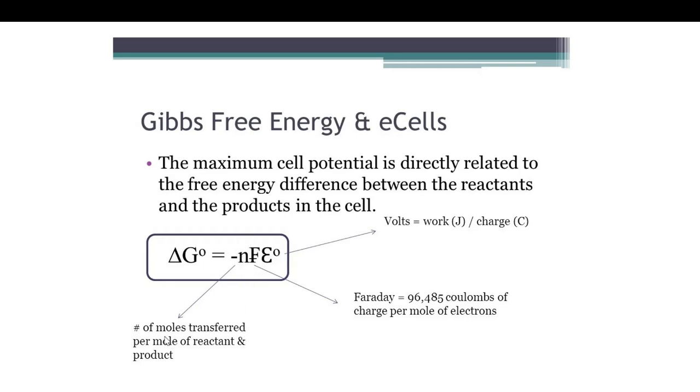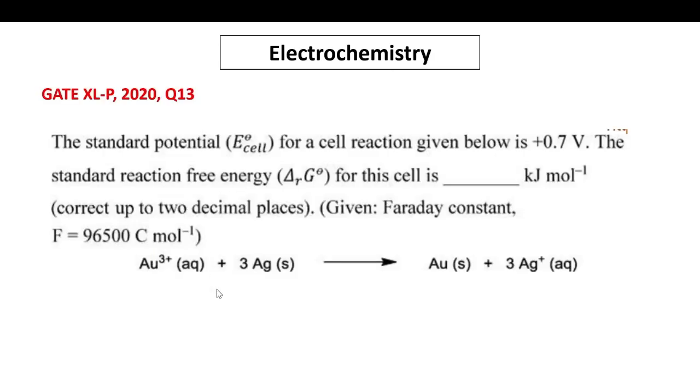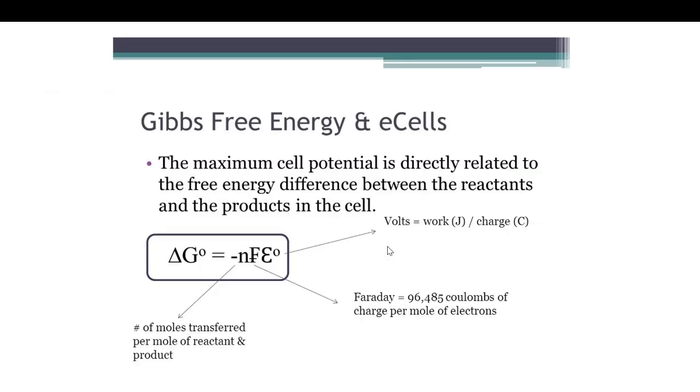n is the number of moles of electrons transferred per mole of reactant and product. So in the chemical reaction, the number of moles of electrons being effectively transferred is given by the symbol n. And what is F here?